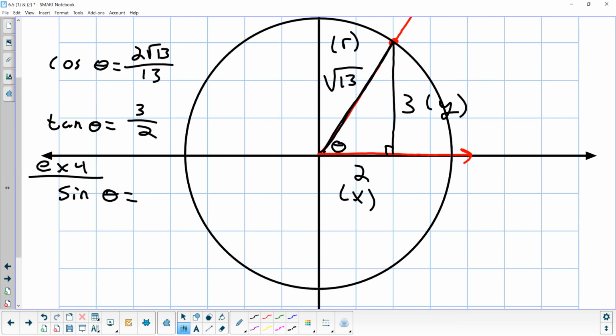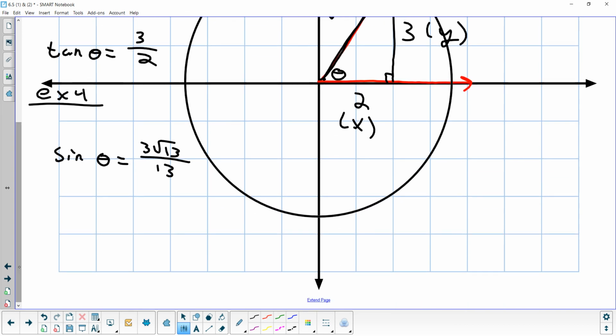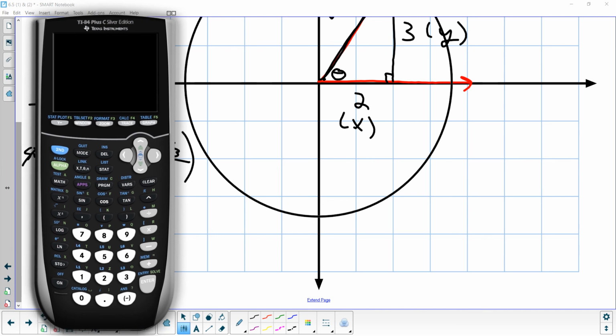I'm just going to write it down here so I have a little more space. 3 root 13 over 13. And what could I do to get theta by itself? Yeah, take the inverse sine. That cancels. Take the inverse sine. And now, let's see.